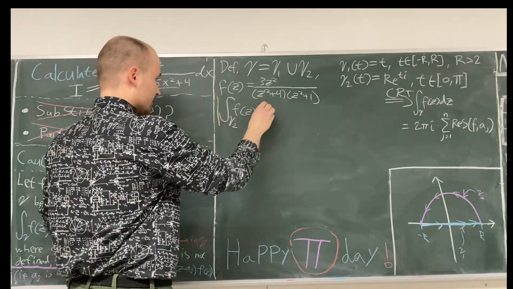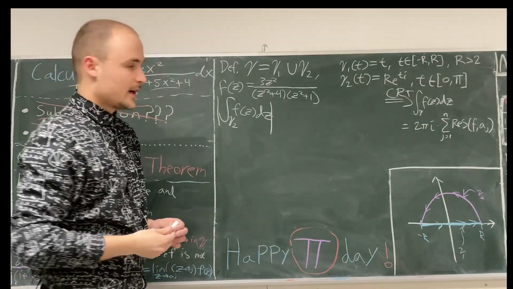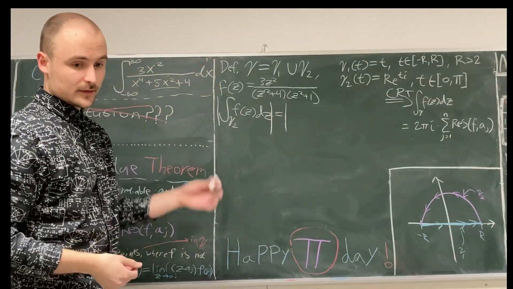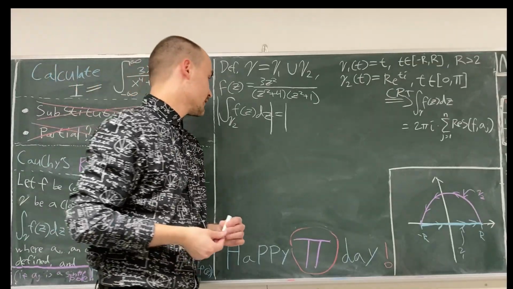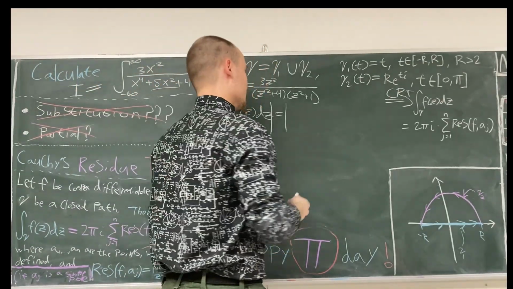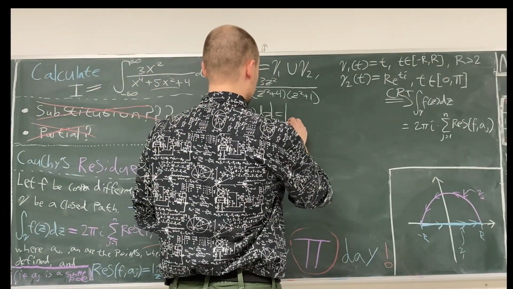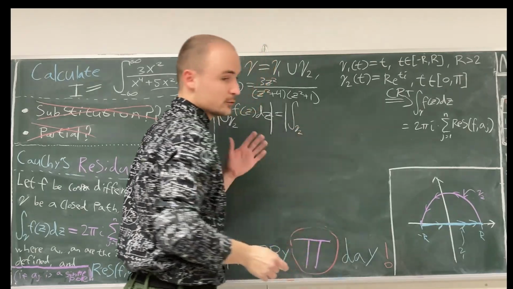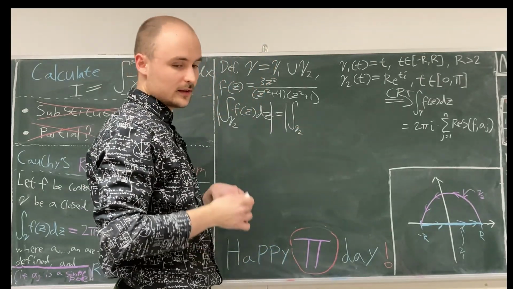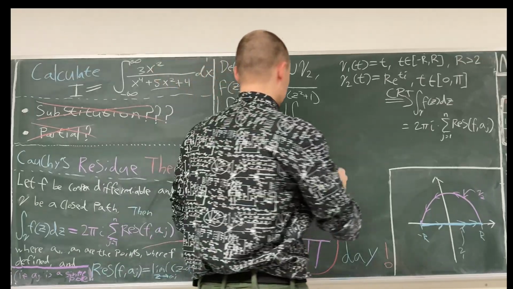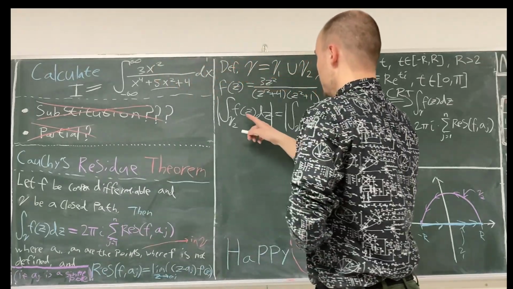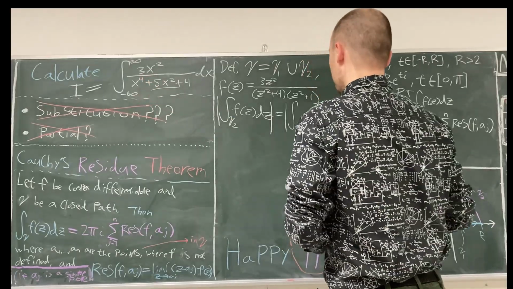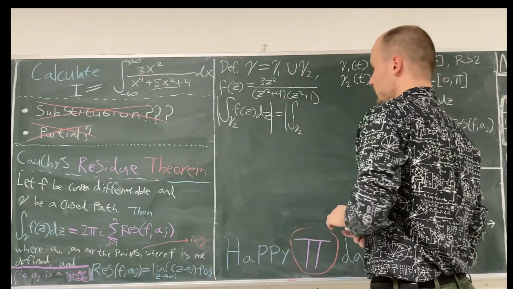I'm actually going to start by putting absolute value around it all, because we're going to show that it tends to 0 when r goes to infinity. So that it's easier to show that the absolute value goes to 0, then it means that the integral also goes to 0. Okay, good. So let's write out what f is. We'll just write it in terms of the original, not with the factors here.